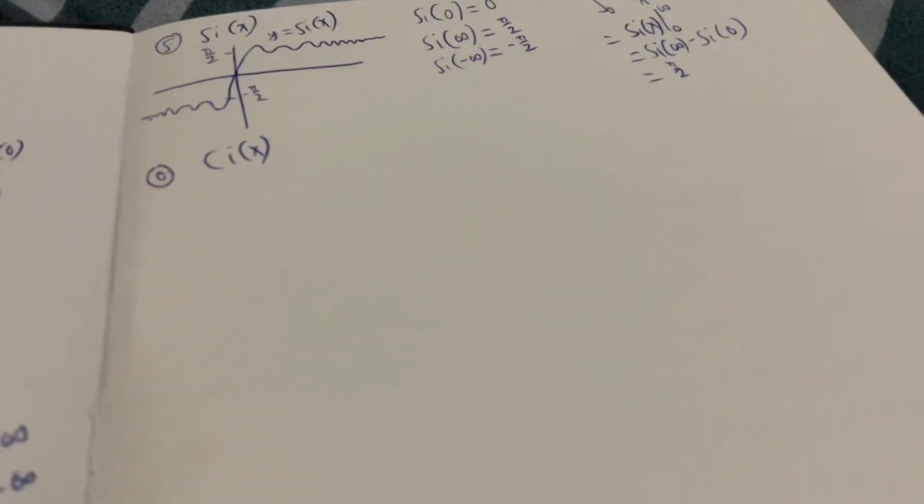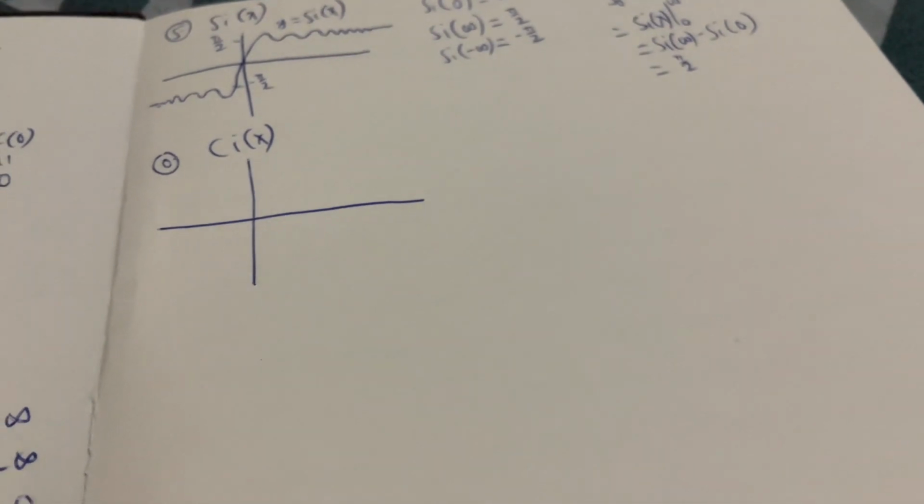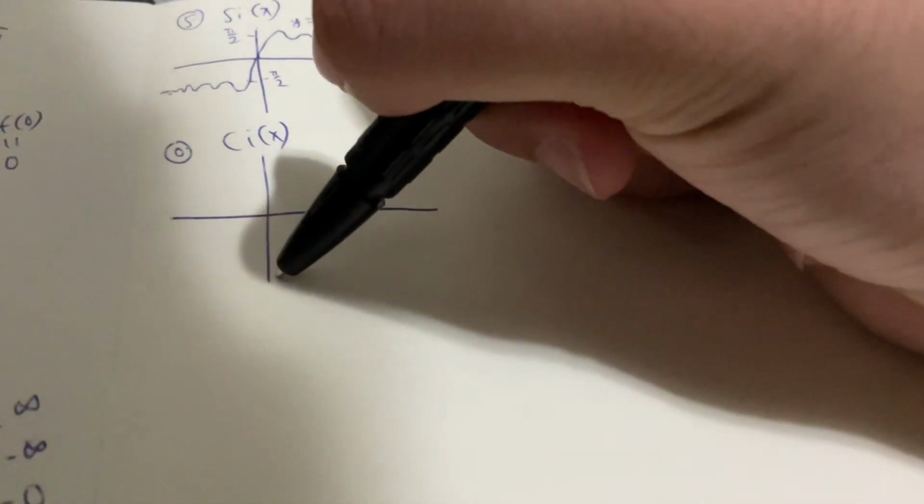Number 6, CI of x, the cosine integral, and its graph is really different compared to SI of x. This graph only has the positive side.